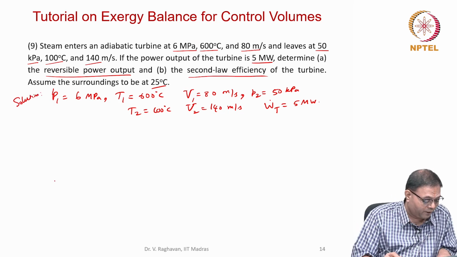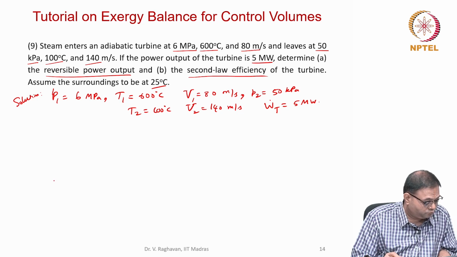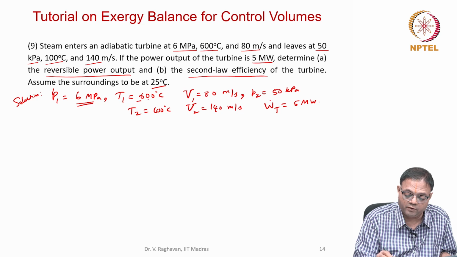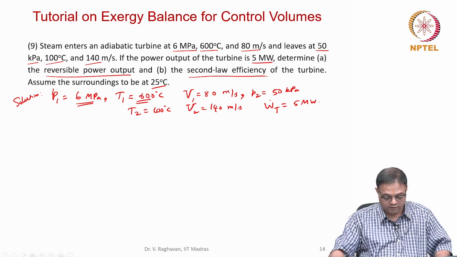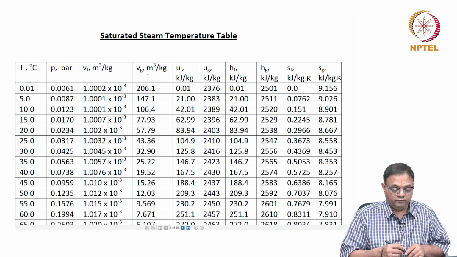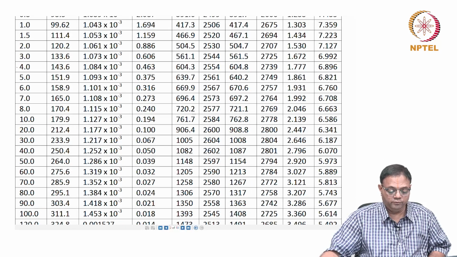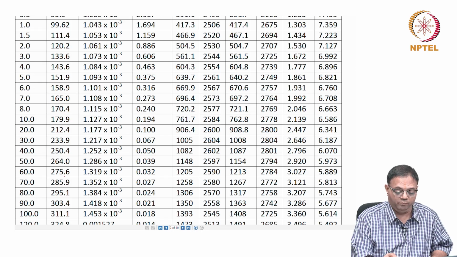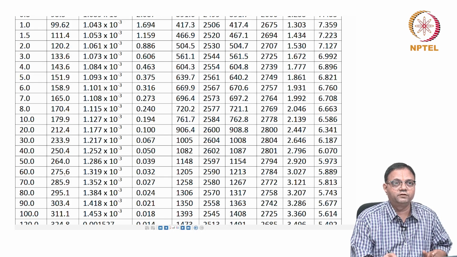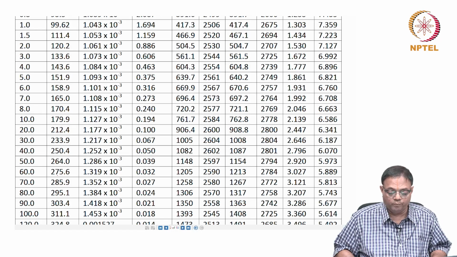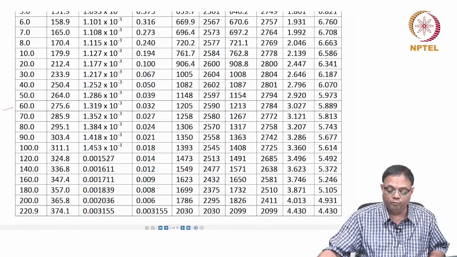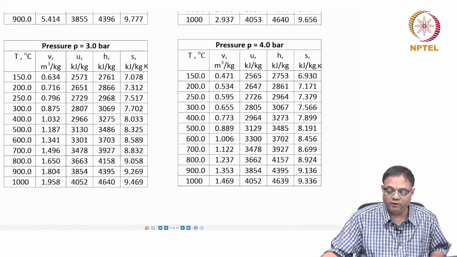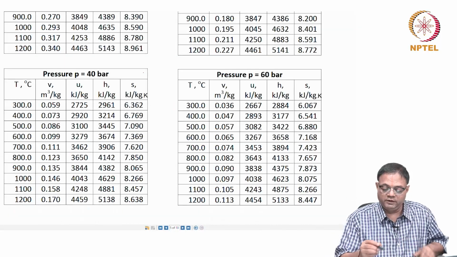So now let us go to the tables and fix the state: 6 megapascals, 600 degrees centigrade. Here 6 megapascals, 60 bar, the saturation temperature is 275.6, but the given temperature is 600, so the state is superheated. So go to the superheated tables corresponding to the pressure of 60 bar and 600 degrees centigrade.